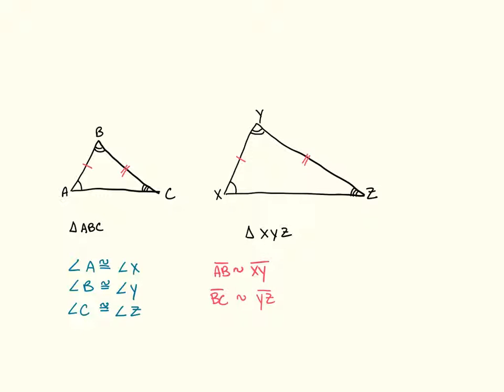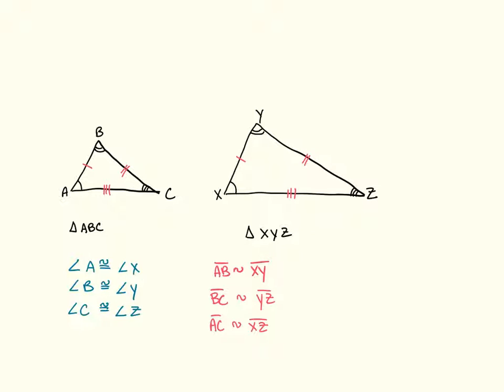And notice the order in the letters. If you go B, C in the first one, then you have to go to the corresponding parts and go in the order of Y to Z. And then finally, those corresponding lines, I'm going to go AC and then XZ. Okay. Let's move on. Oh, sorry.